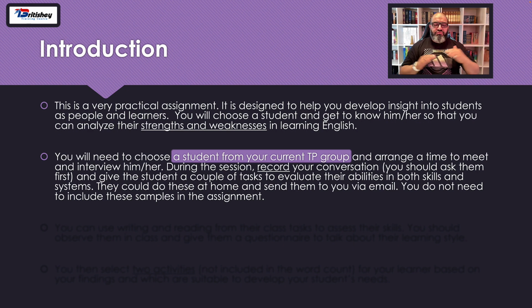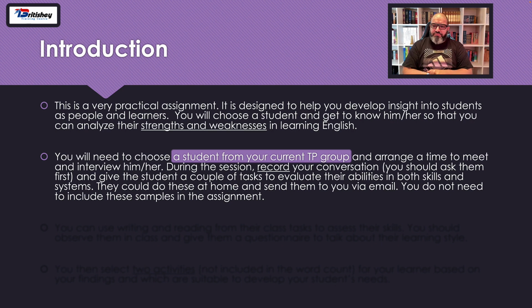Oh my God, very important, because remember, in this assignment, you'll be recommending activities and things like that. And these activities, if you have elementary students, need to be appropriate for the elementary level. Not only this, you're also going to comment on weaknesses and strengths. And this has to be also in the light of the level. So that's a very important point.